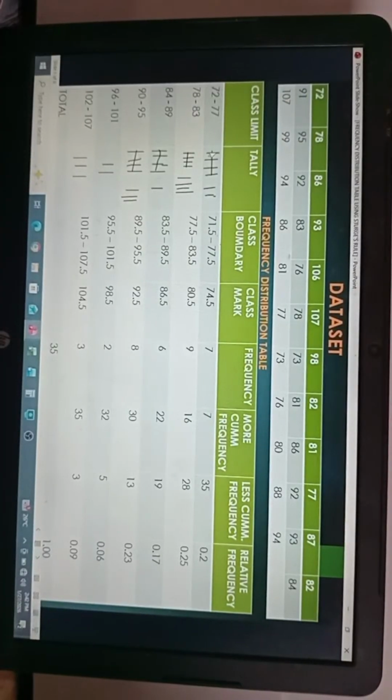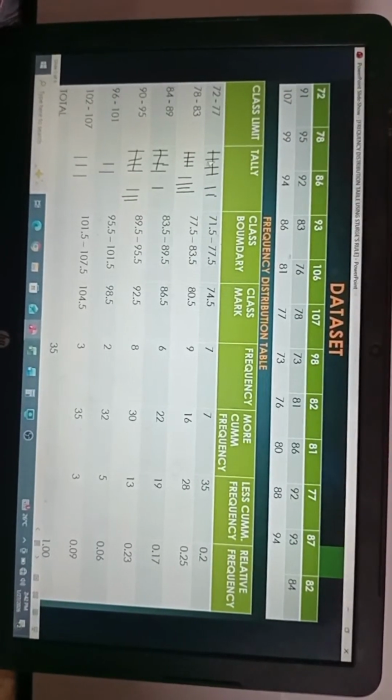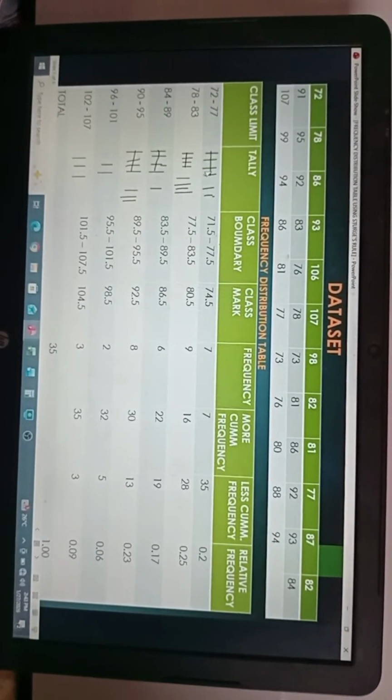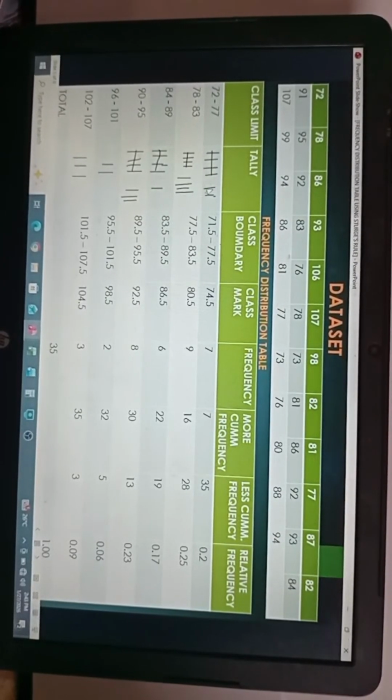In counting our tally, when you count stroke 1, 2, 3, 4, then you cross it, making 5, then you count 1, 2. That's 7. Between 78 to 83, we have 9. So first we count 1, 2, 3, 4, then cross it, making 5.